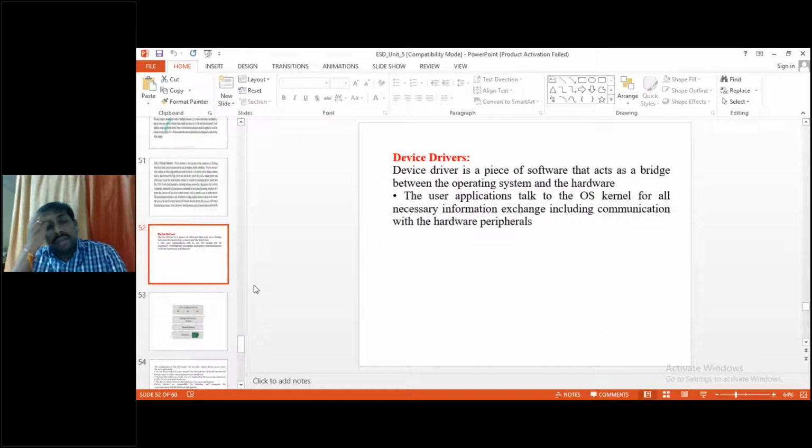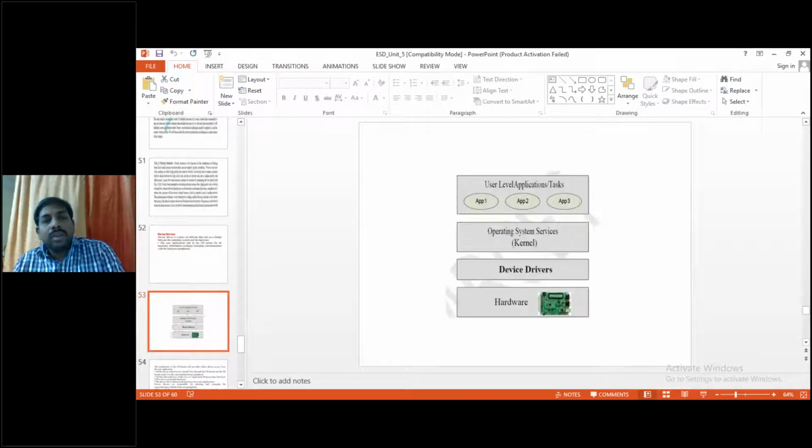So these are device drivers. As you know, your OS is connected to your hardware and your user applications. Your user applications are connected to device drivers. Device drivers are nothing but a software program which tells the specifications of each device connected: what is the data rate, how data is transferred, serially or parallelly.